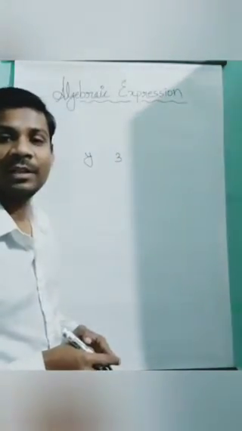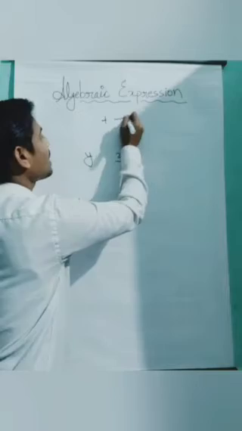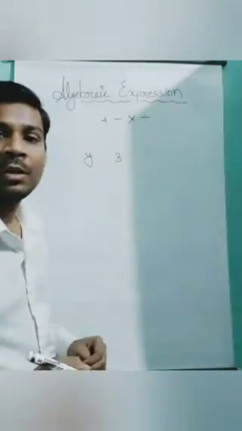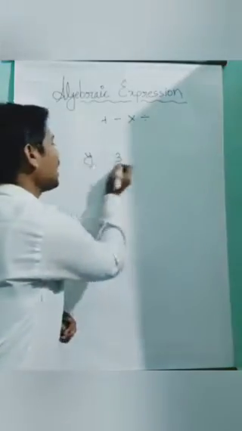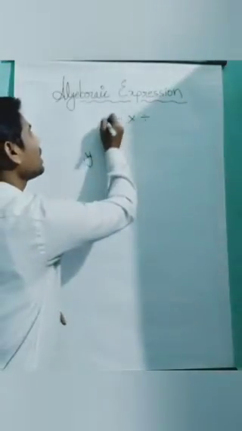I connect this variable and constant by a mathematical operation. We have four basic mathematical operations: addition, subtraction, multiplication and division. So the variable and constant will be connected by any of these mathematical operations.